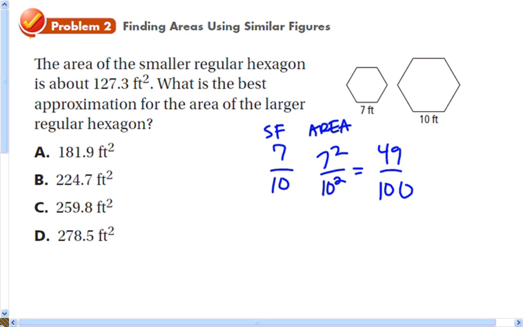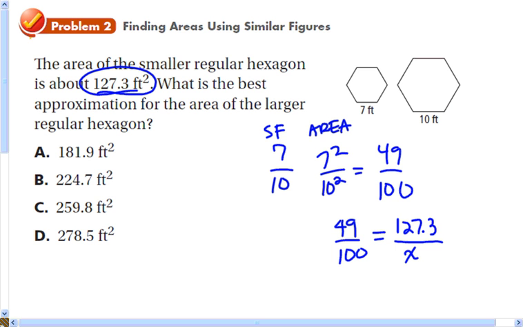And I know that the ratio of areas is going to equal that, so I can just set up a proportion here. And since the 127.3 area corresponds to the smaller of the two hexagons, I'm going to put that right here. And then I'll just put x there.